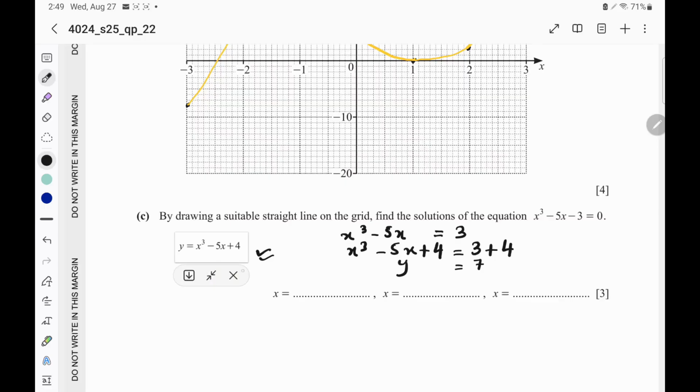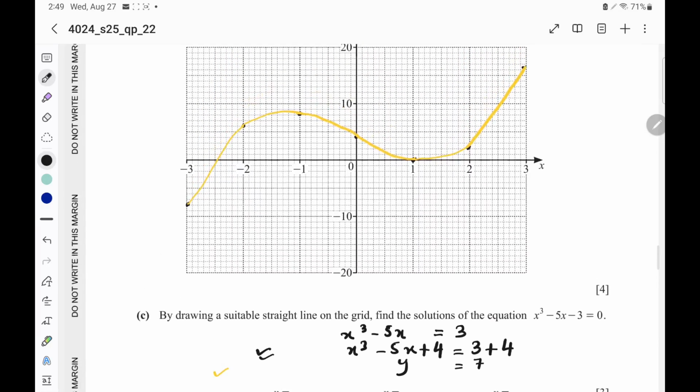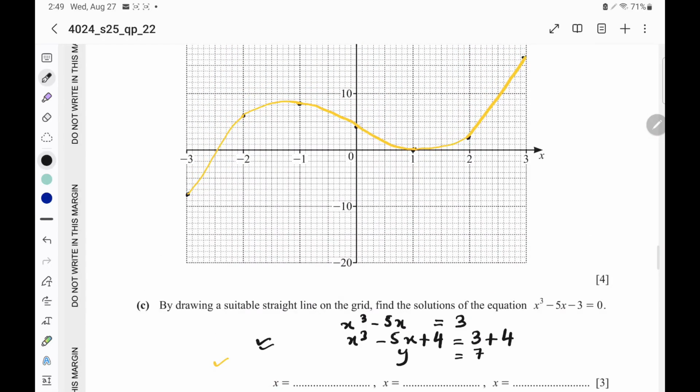So now we'll have to make a line y equals 7. This is 5, 6, 7. Here it's the line y equals 7. Check where it's intersecting on the x-axis. That is the solution. So the first one, if I take this value, is 2.4.